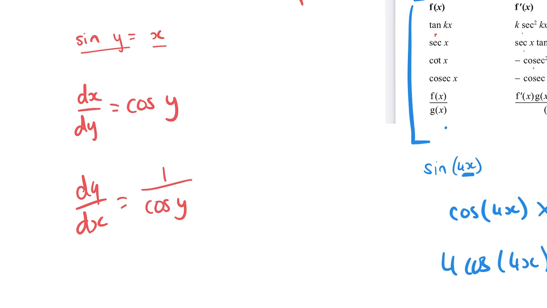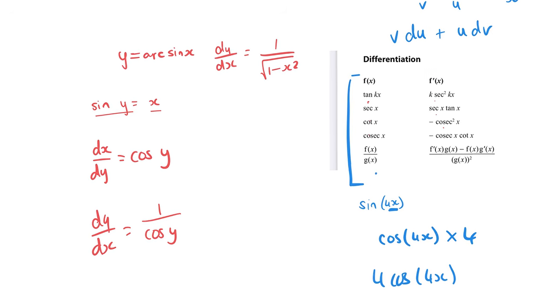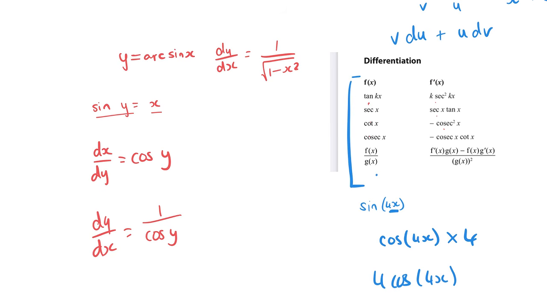And then going back to that trig manipulation again, what do we know? Using what we know, that sin squared y plus cos squared y equals 1, right? We know what sin y is, don't we? It's x. And we've got a cos y here, so I'm going to rearrange this. So I get cos squared y equals 1 minus sin squared y.